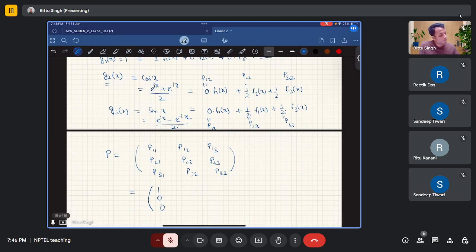Similarly, 0, half, half. Similarly 0, 1 by 2i, minus, sorry, there is some minus sign. Okay, minus 1 by 2i. So this should be the correct answer.